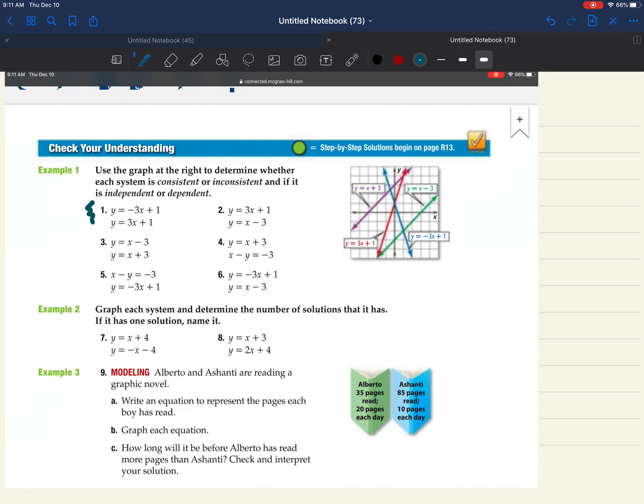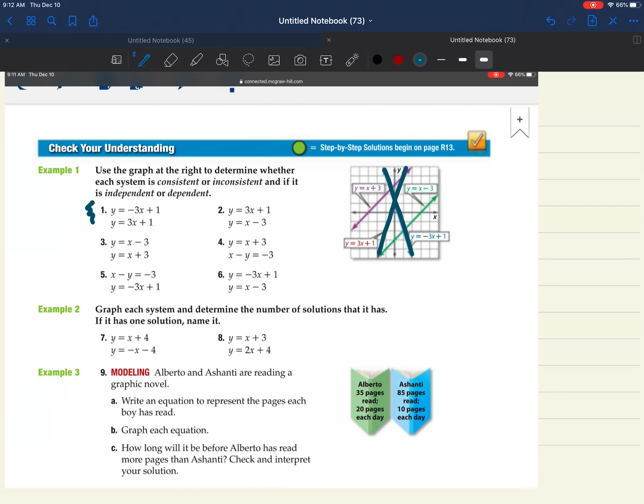What are the two equations it gives you? y equals negative 3x plus 1, and y equals 3x plus 1. Okay, so on those graphs, they have color coordinated them for you. So what color is negative 3x plus 1? Blue, right? So we're looking at this one here. What color is 3x plus 1? Red. So these are the two lines we're looking at.